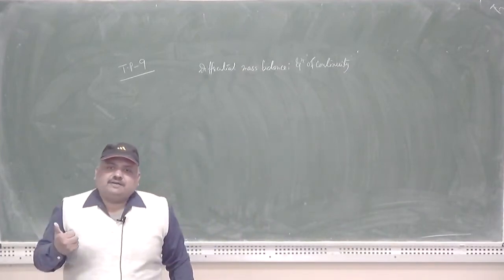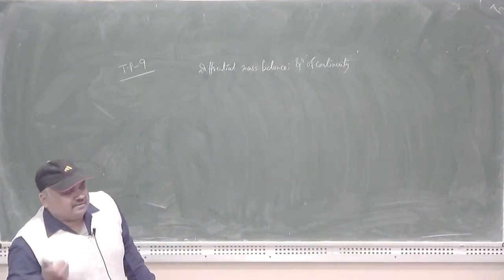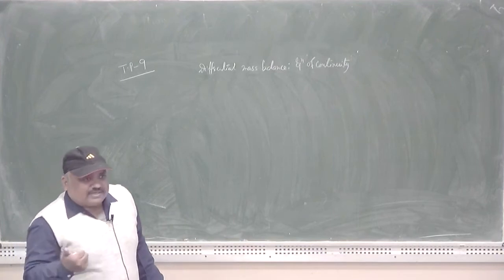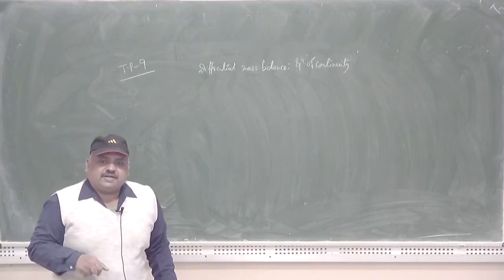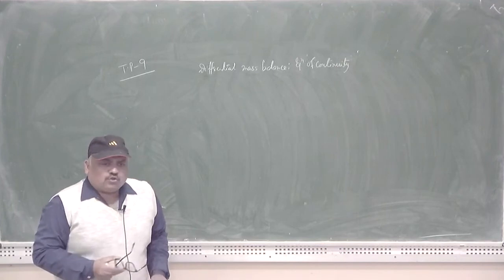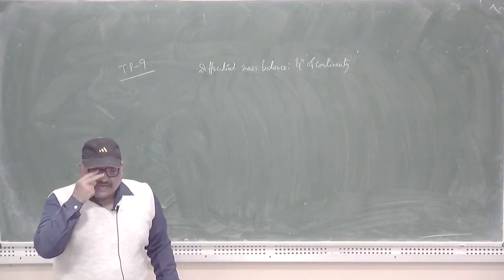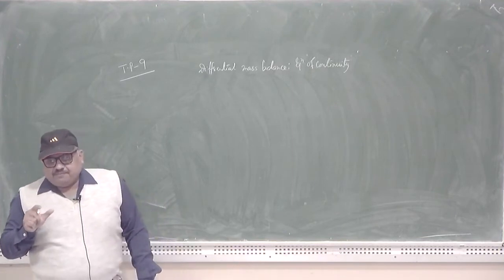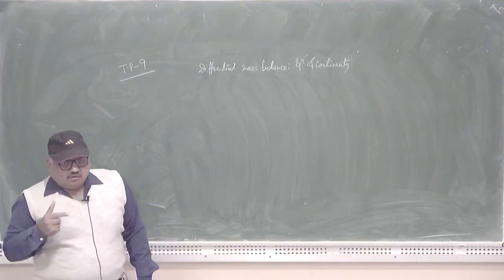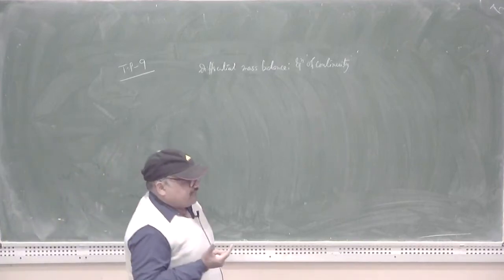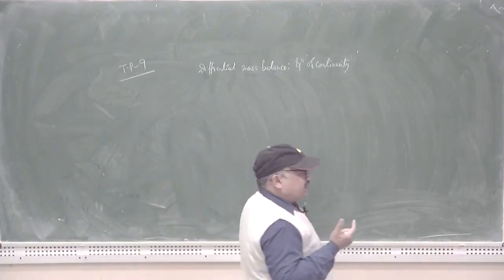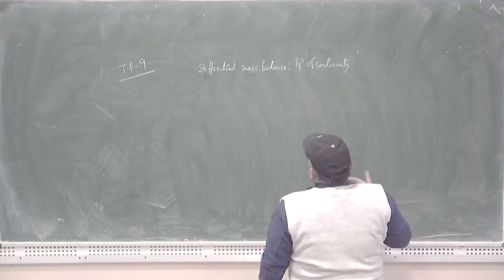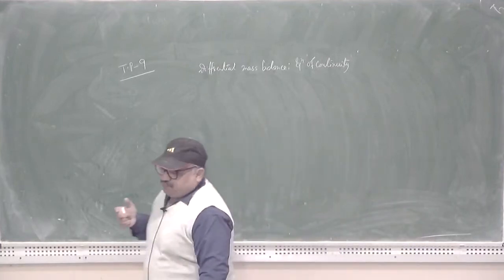So, as a first application, we will try to develop an equation which is called the differential mass balance, which is based on the principle of conservation of mass for the fluid element.